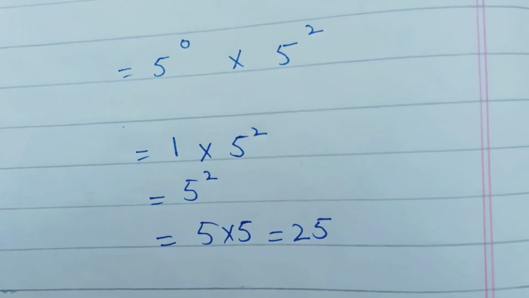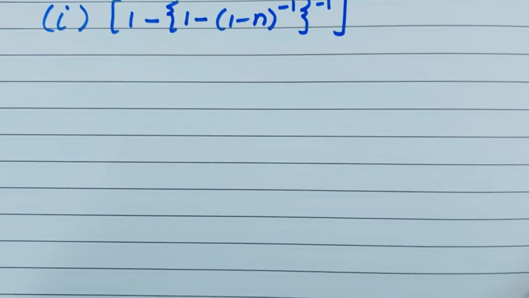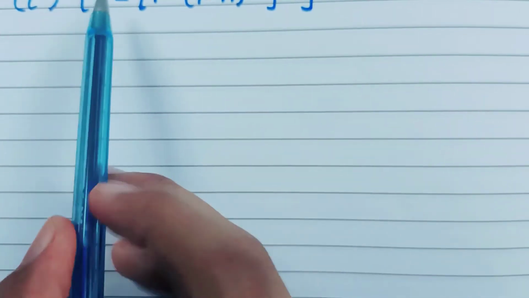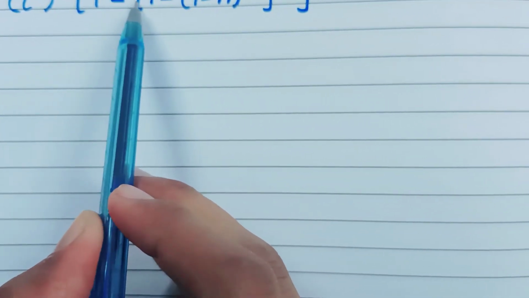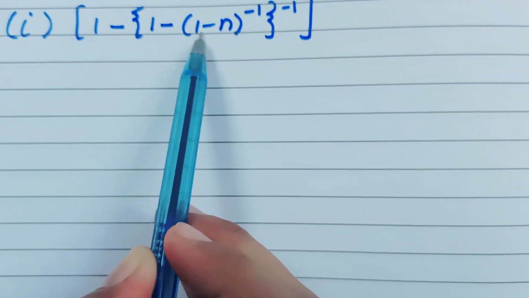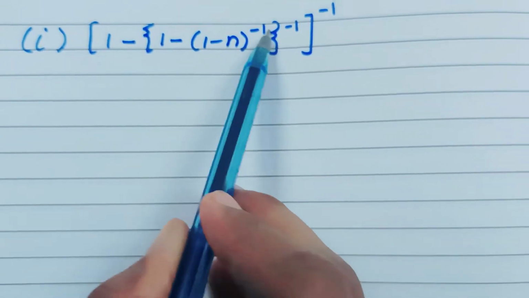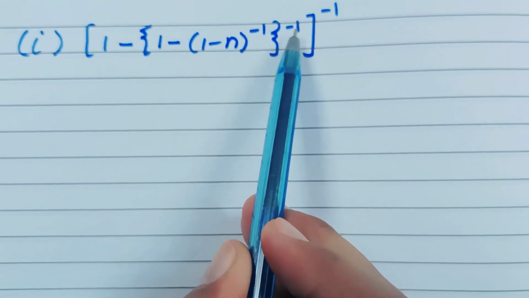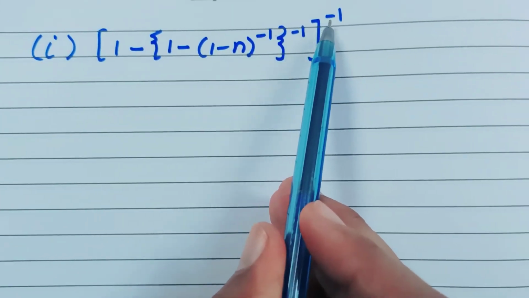Done. Last part of question number 6 of exercise 4a is 1 minus curly braces 1 minus n raised to power minus 1, and the whole term raised to power minus 1.